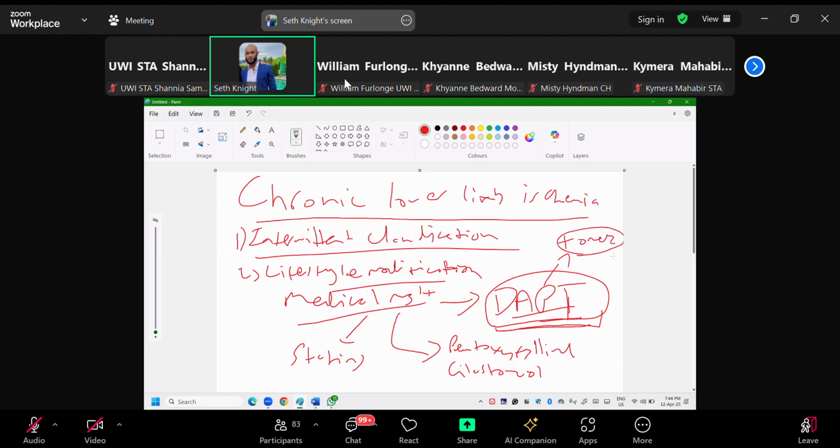But this has nothing to do with altering the disease process, it's just for gut protection. All right? But dual antiplatelet therapy, pentoxifylline, cilostazol, and statins are some of the medical managements used in intermittent claudication. Lifestyle modification plus medical management will be your recommendations.